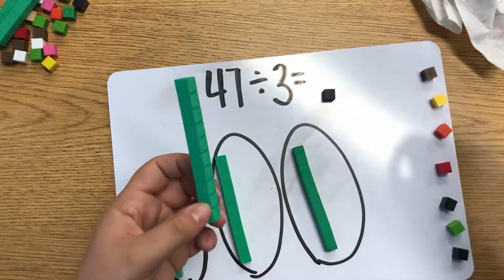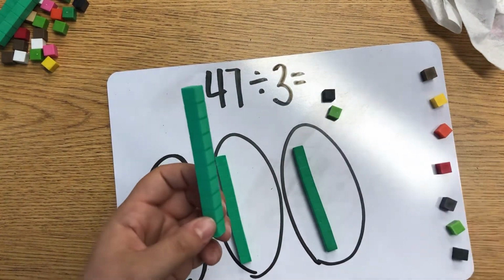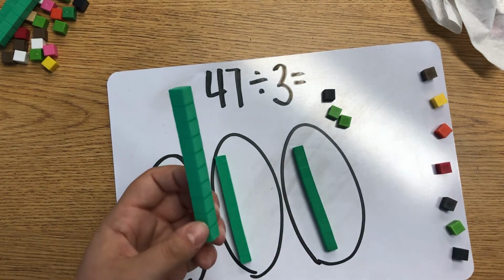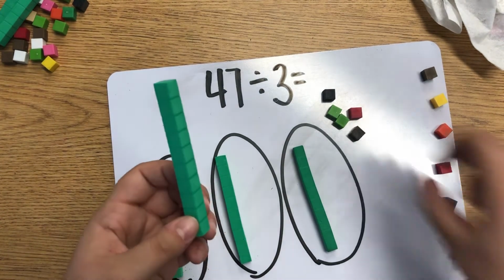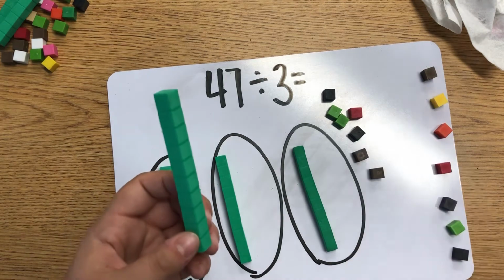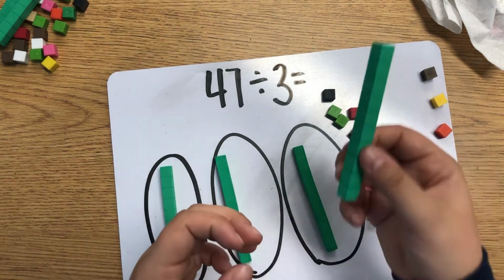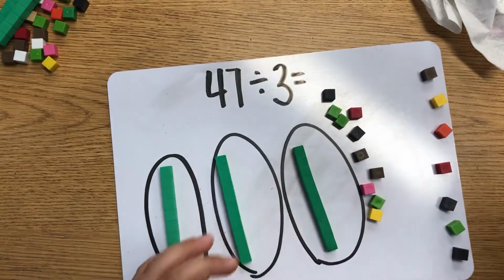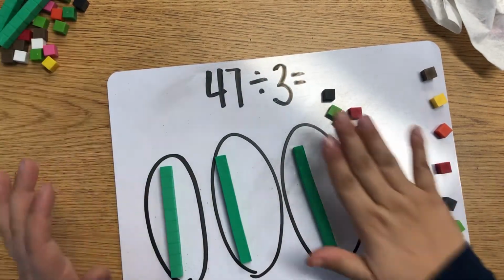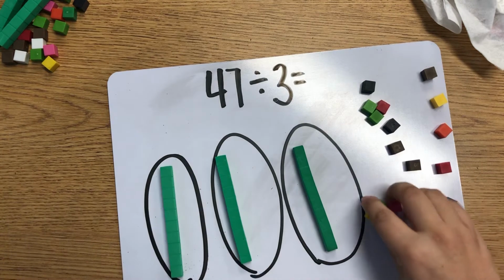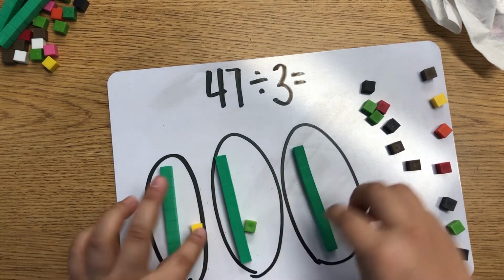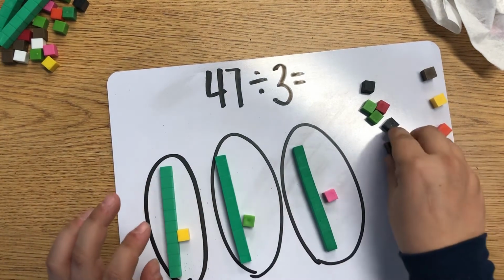Can you see it up here? 1, 2, 3, 4, 5, 6, 7, 8, 9, 10. So I'm removing this, but I have the 10 1s to replace it. So now I'm going to continue making my equal groups. So whatever I add to one group, I have to add to the other.